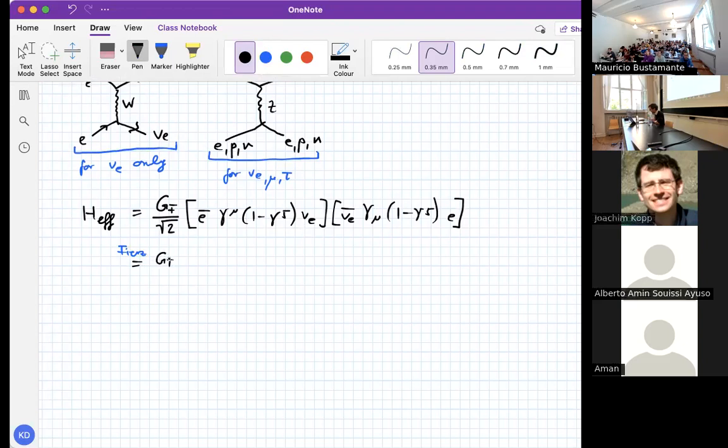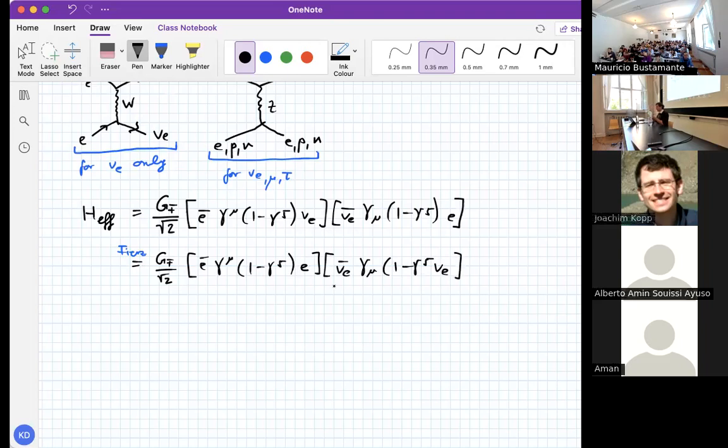So the above line is identical to the following: G_F over square root 2 times e bar gamma mu (1 minus gamma 5) e times nu e bar gamma mu (1 minus gamma 5) nu e. Now, the reason I'm doing this is because I want to separate the electron current from the neutrino current.